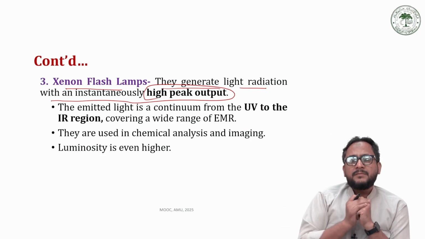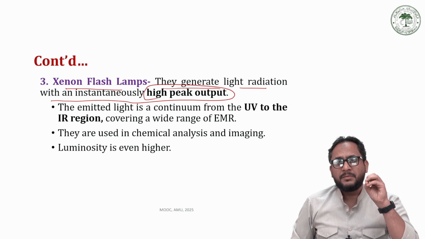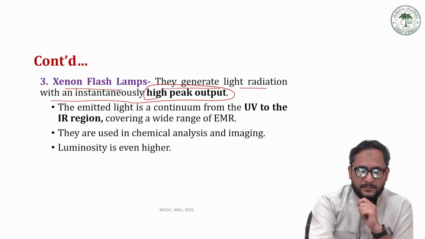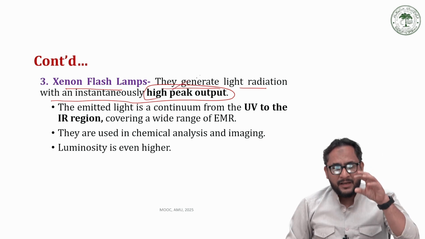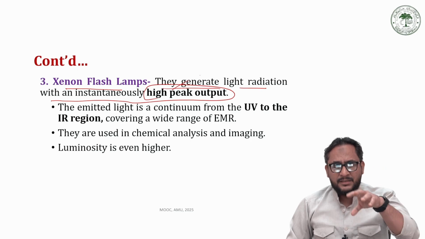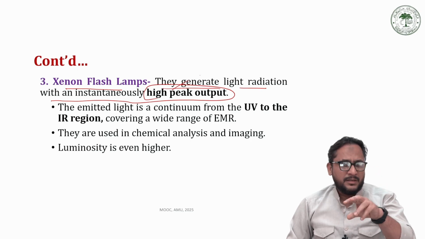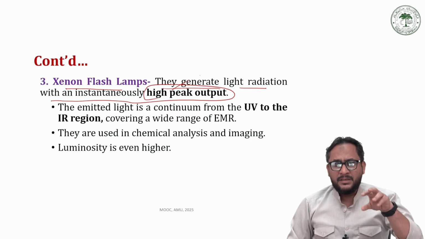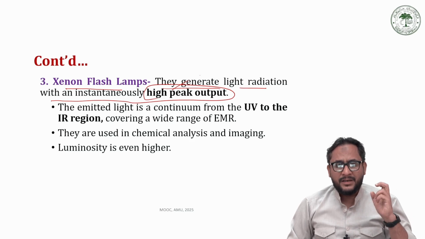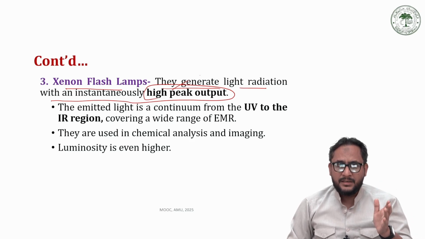Clear? Just like we have flash from a camera. And since that flash exists for a very short time, just for an instant only, it is a momentary existence of the light, therefore its intensity is very high.